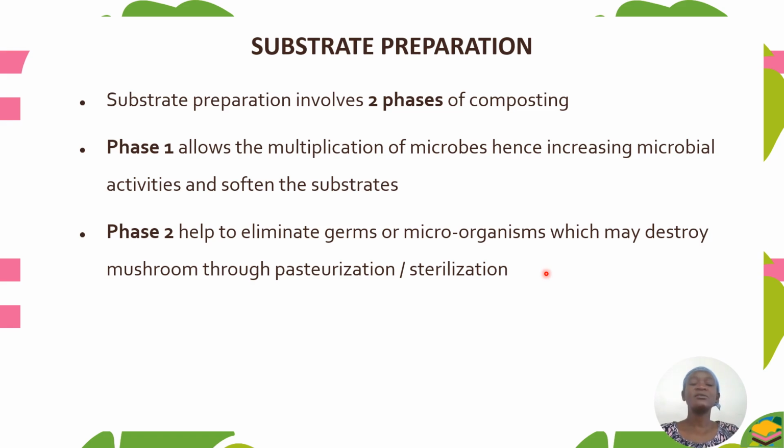This is done through pasteurization or sterilization. We are also going to learn in detail how pasteurization as well as sterilization is done. So be with me as we go through substrate preparation.